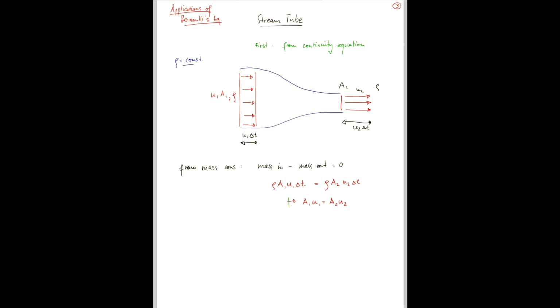And that means that if we know the cross-sections and the velocity coming in, then we can infer at what velocity the water is going to come out. And what that means is that if a2 is much smaller than a1, then proportionally the velocity at the outlet is going to be higher than that at the inlet.